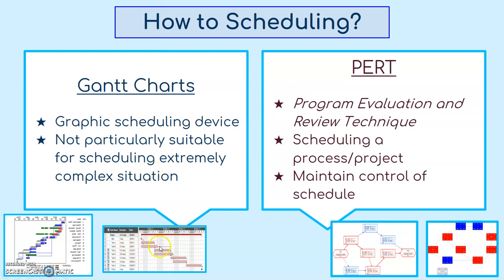You can schedule, for example, that from January until March this is what you need to do, in the second quarter this is what you need to do, and the third quarter is until the product is finished. The program evaluation and review technique, PERT, is for scheduling a project process. Why do you want to maintain control of the schedule? You just need to know about it, so that this is how the company can schedule.